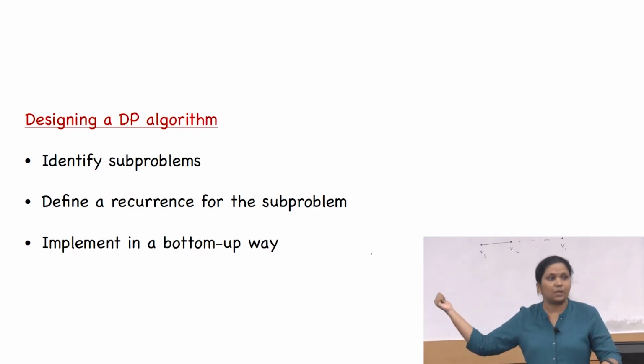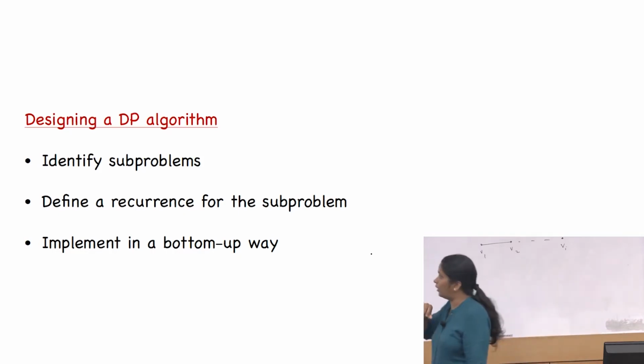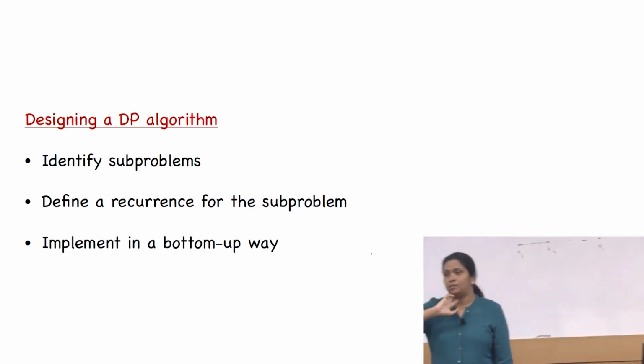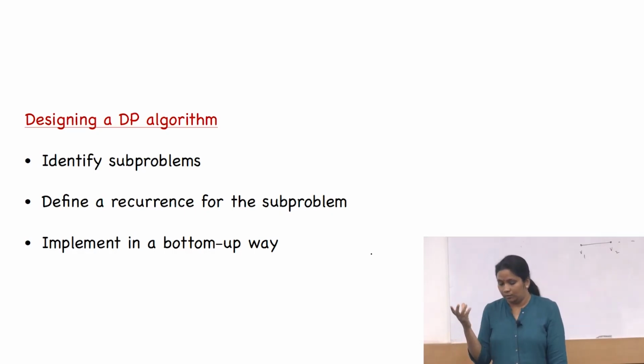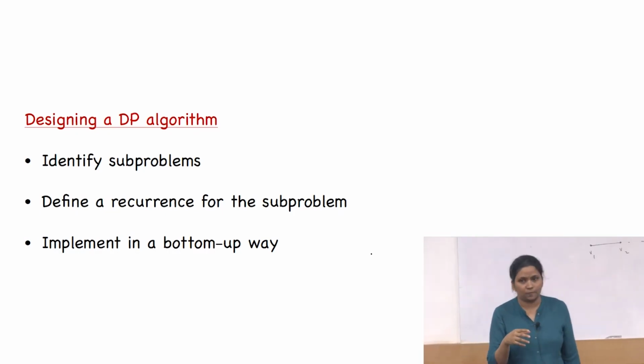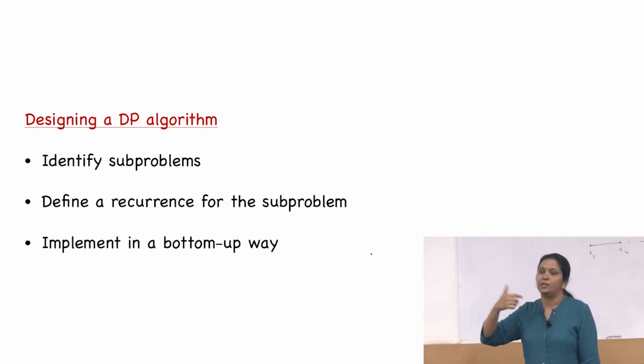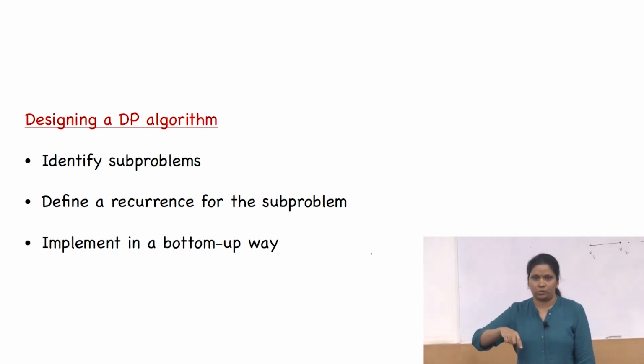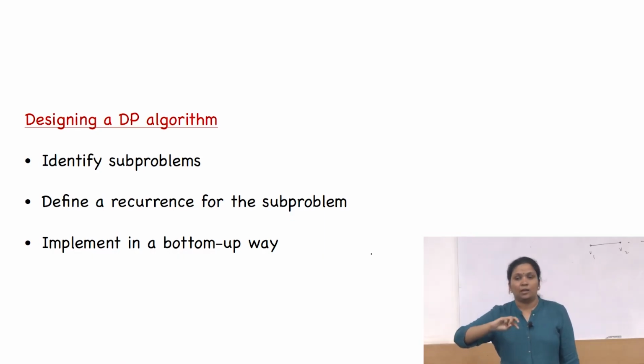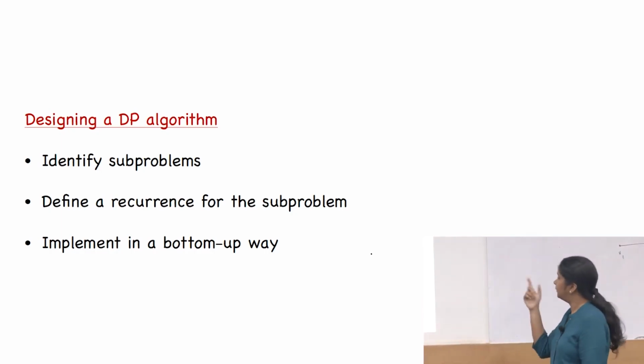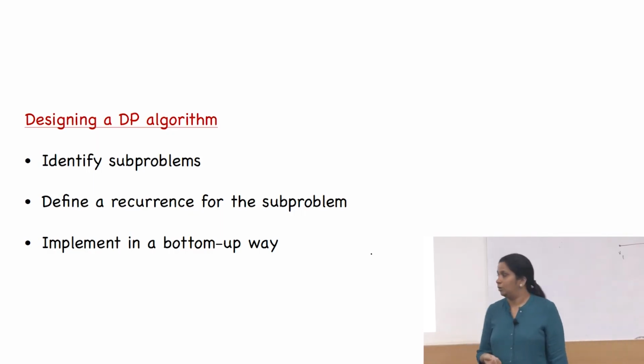For example, in this independent set, for defining the recurrence, we started by making a choice between whether the last vertex is in the solution or not in the solution. This is usually referred to as guessing. When I say I guess, I mean that I iterate over all possible choices or possible values for that and take the best out of it. That's how you define a recurrence, and finally you implement it in a bottom up way.